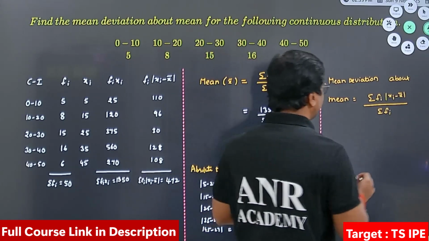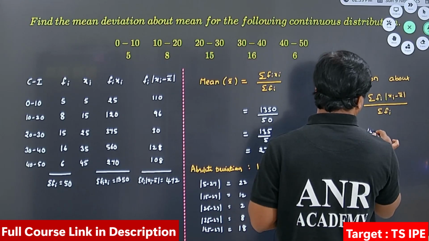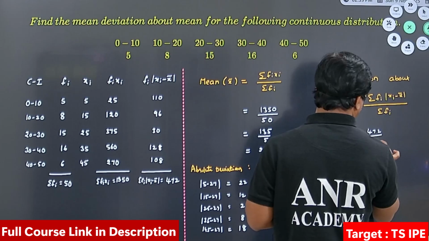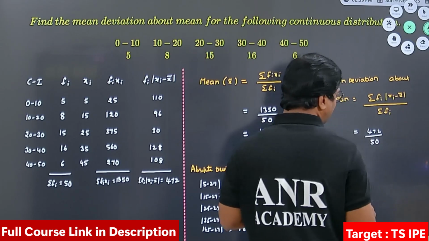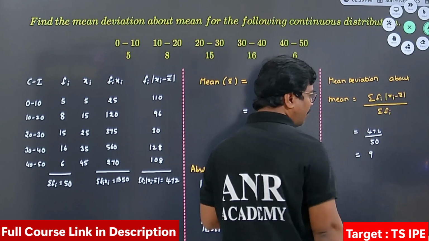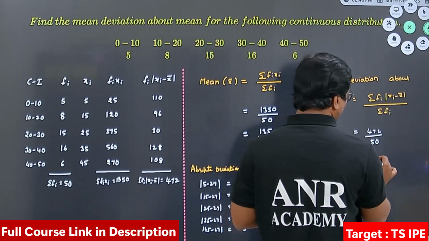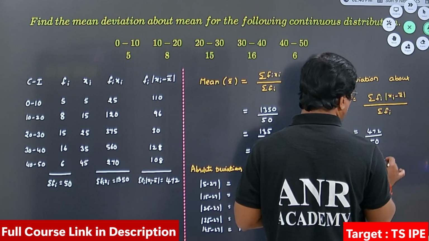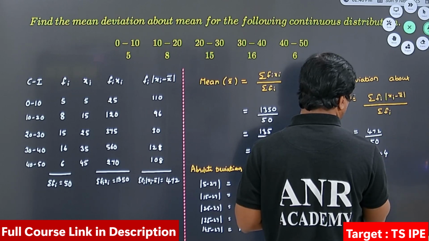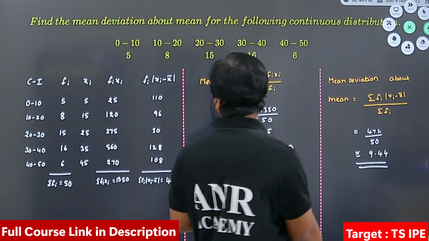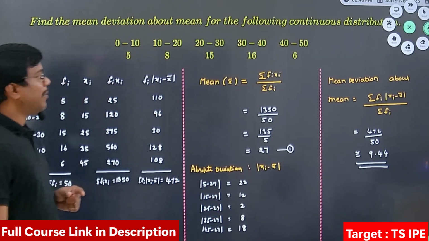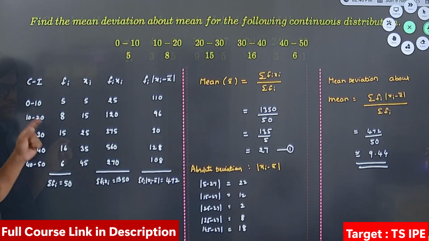Now substitute in the formula: 472 divided by 50. 50 into 9 is 450, remainder 22, so 9.44 approximately. Yes, this is the mean deviation about mean of this continuous distribution.